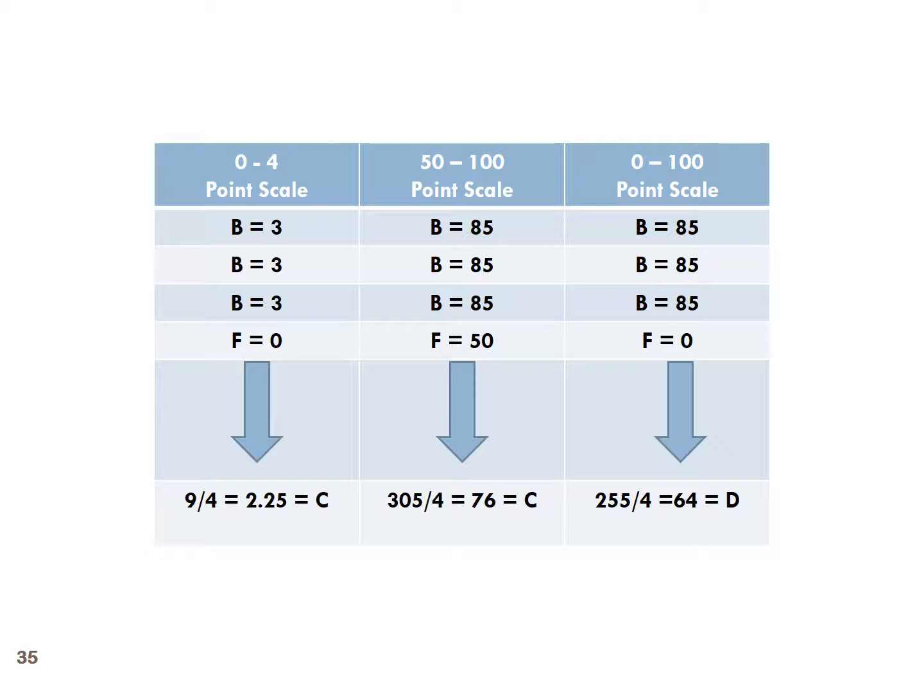First column, given the 0 to 4 point scale, we got an average of 2.25 for a C. Middle column, 50 to 100 point scale, average of 76 for a C. And finally, 0 to 100 point scale, total 255 points divided by 4 grades, average of 64, received a D.